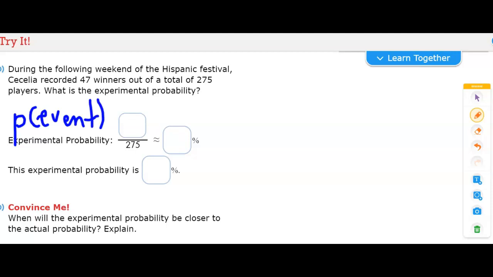There were 47 winners out of the total of 275 players. To find that experimental probability, you divide the number of times it happened by the total number of possible times. So 47 divided by 275 is approximately 17%.